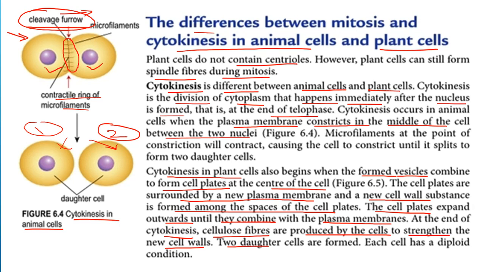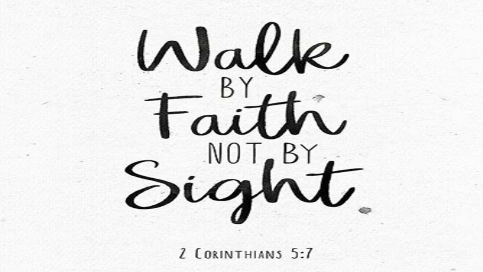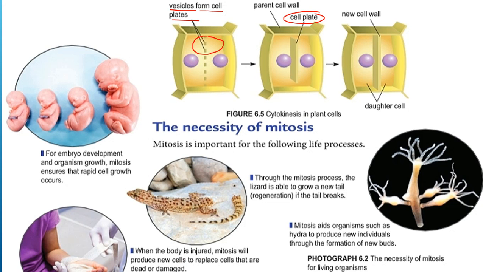So now the two daughter cells are formed, and each cell has a diploid condition. Diploid condition 2n.